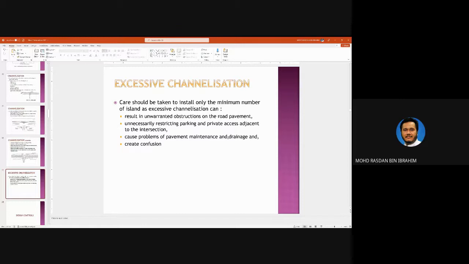So drainage of rainwater is going to be very difficult, unless you have underground drainage and all that. But most of the time, they don't have it. So if you have lots and lots of channelization, the drainage is going to be a problem. It also can create confusion if you have too much curbs on the road.